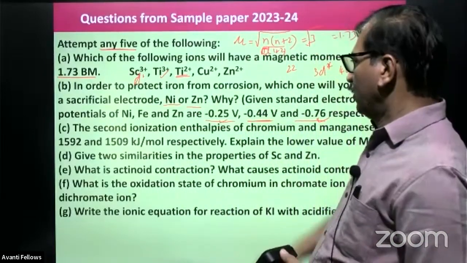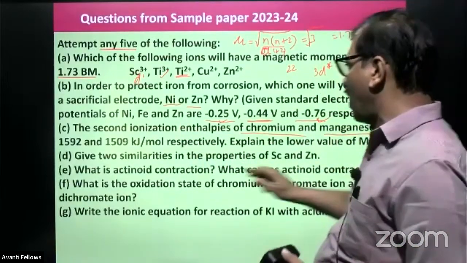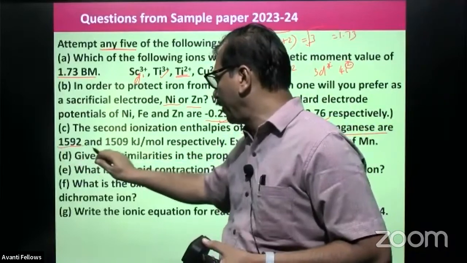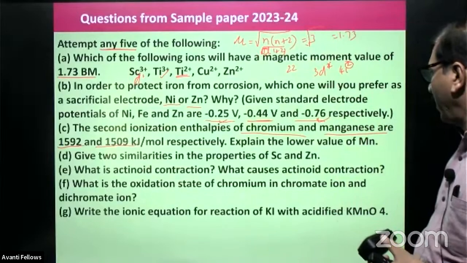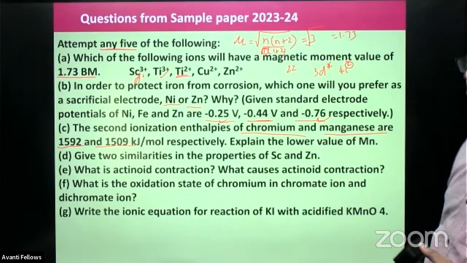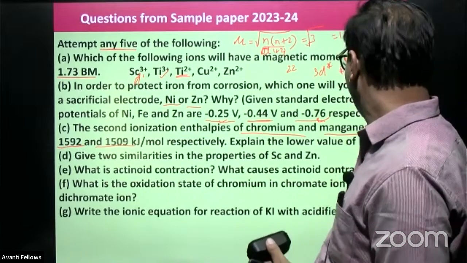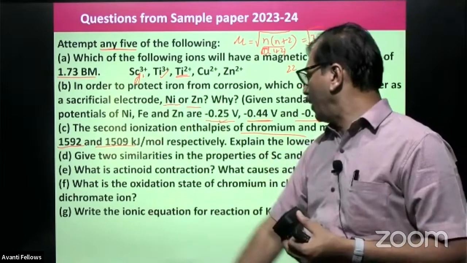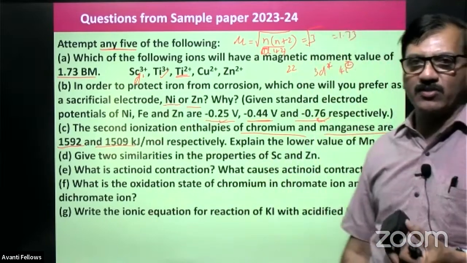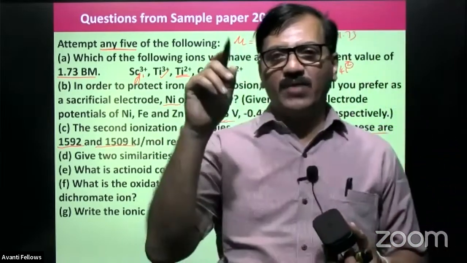The second ionization enthalpies of chromium and manganese are 1592 and 1509 kilojoules per mole respectively. Explain the lower value of manganese. Chromium is 3d5 4s1.